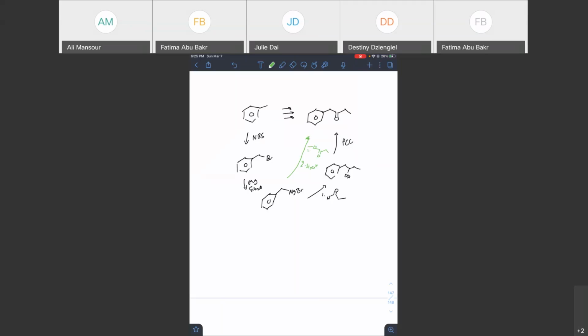Does that step work? This one in green? So if you want to do it in one step, you can do the green, or if you want to do it in two steps, you can do the black. Now I'm just going to look at your guys' answers and see if there's any differences here.